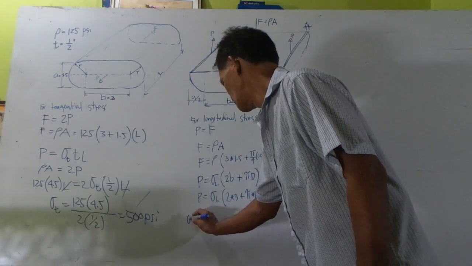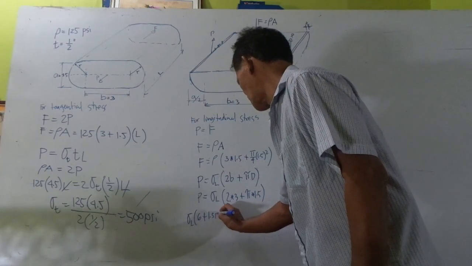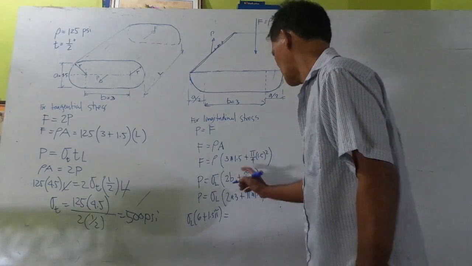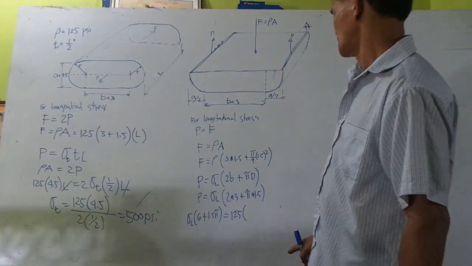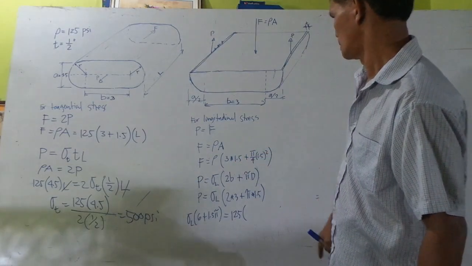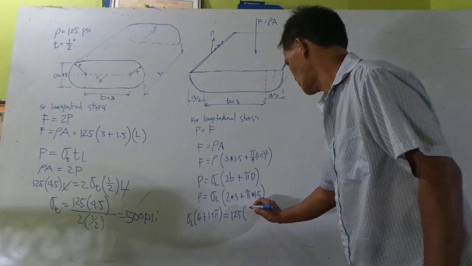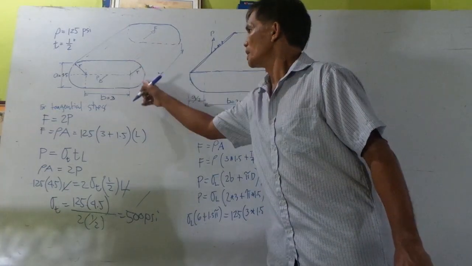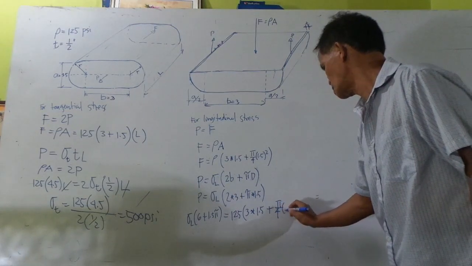So your P equals the stress times 6 plus 1.5 pi, is equal to F. The unit pressure is 125 times this area, which is 3 times 1.5 plus a whole circle, pi over 4 times 1.5 squared.